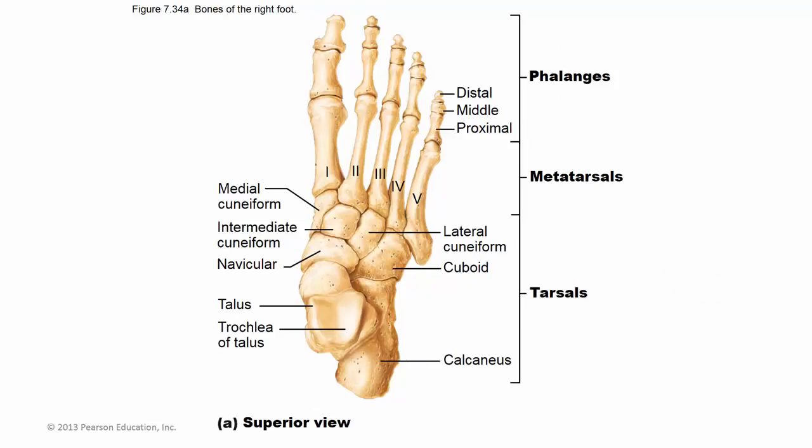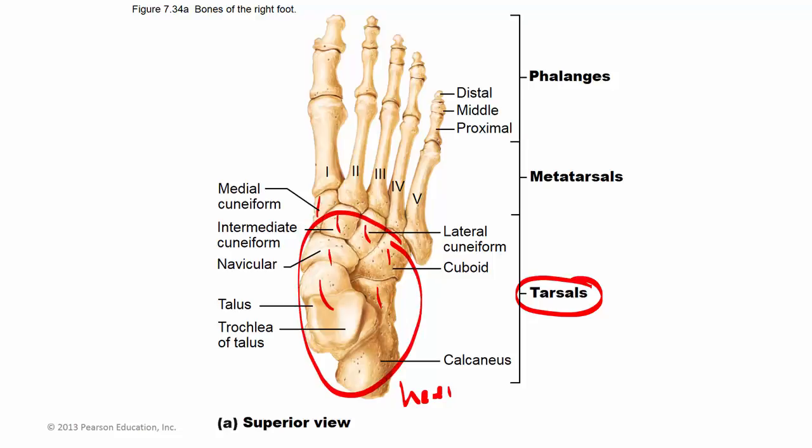So this is the foot, and the bones that make up the heel and the main part of the foot are all called your tarsals. Just like your carpals made up the wrist part of your hand, all of these little bones here are your tarsal bones, okay?